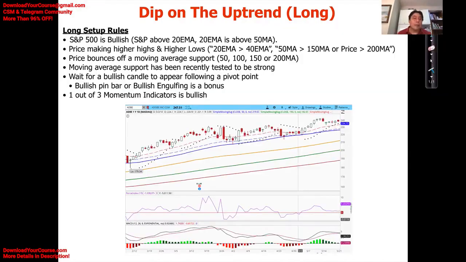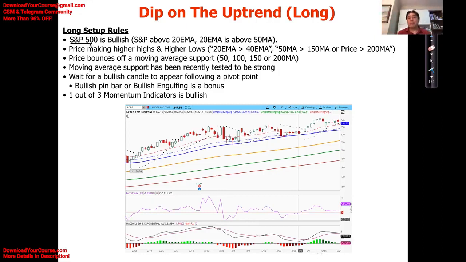So now you're clear on how to set up the charts. Let's take a look at the specific setup rules for going long, which is basically the dip on the uptrend. The first thing is to always look at the S&P 500. A rising tide lifts all boats, recall that. If you're trading the US market, always look at the leader, and the leader is the S&P 500.